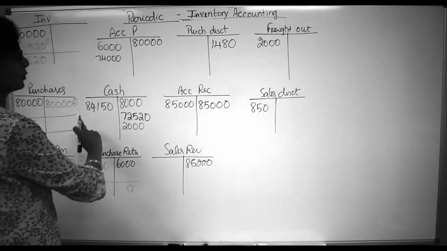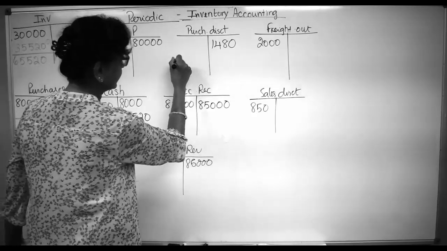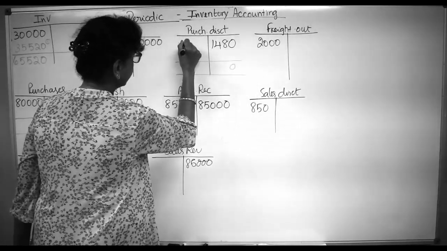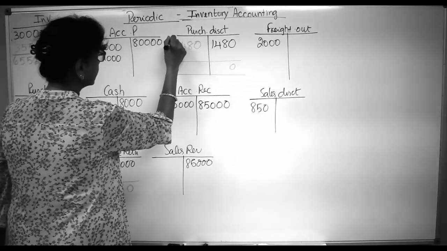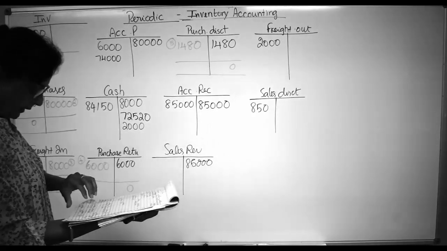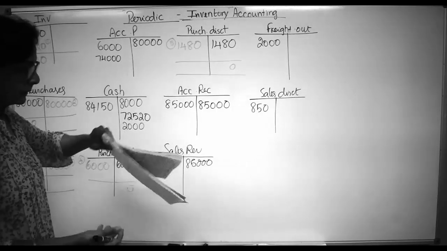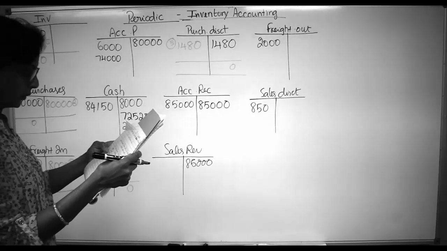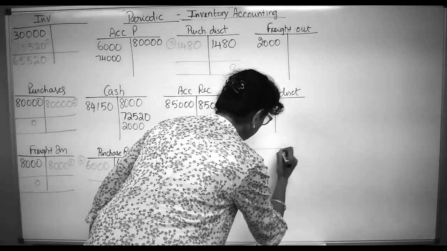Now you also close your purchase discount. It has a credit balance of $1,480. So to bring it to 0, you debit $1,480. That will be the fifth one. And now finally you have to record the cost of goods sold.